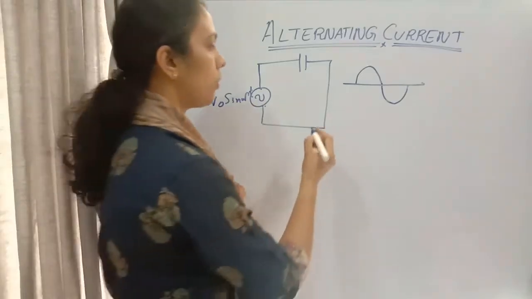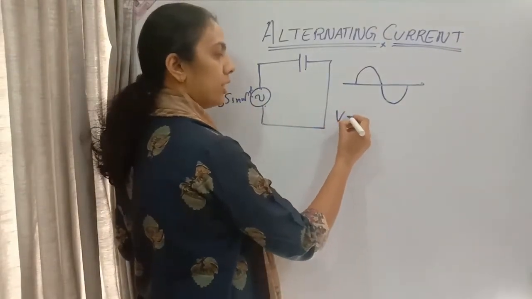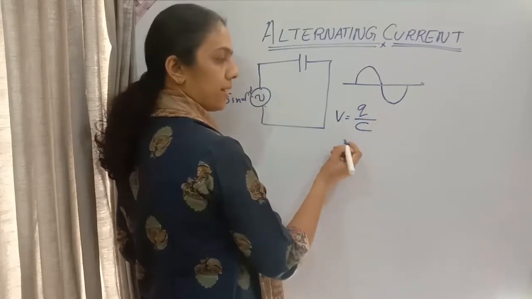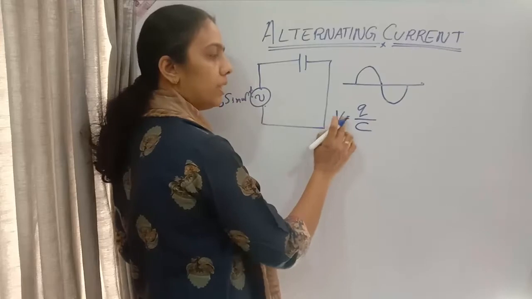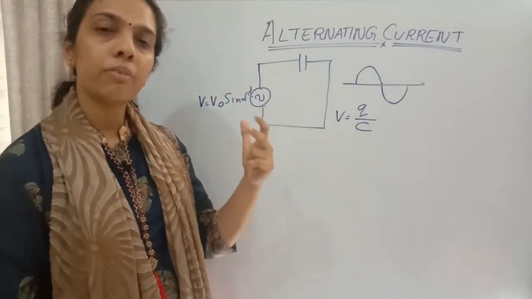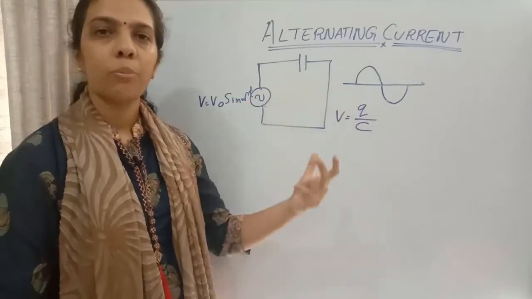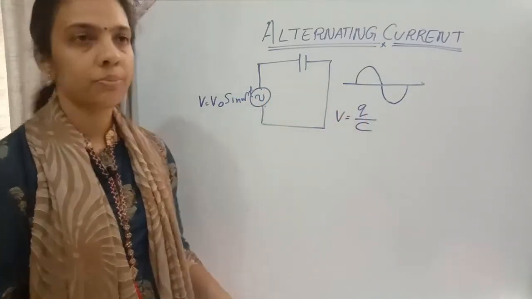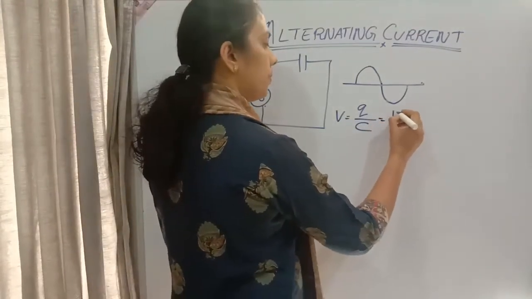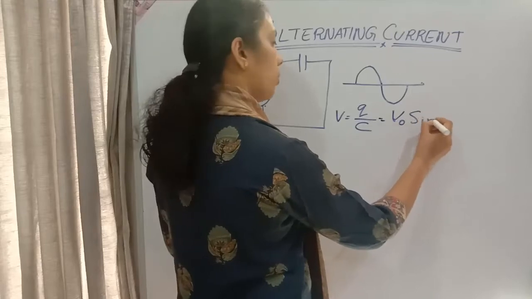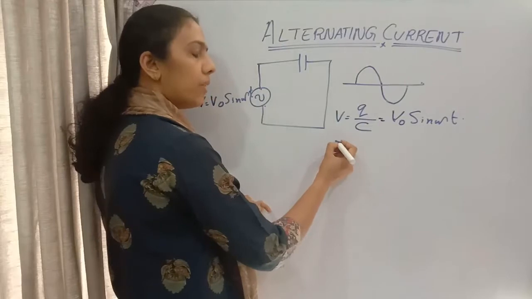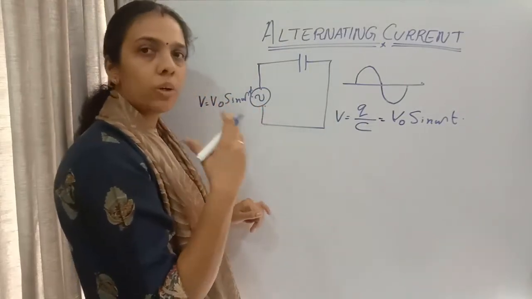Okay, so we know what will be the potential in the capacitor. Q is the charge on the capacitor and C is the capacitance of the capacitor. Then V equals Q by C. We know that at any instant the EMF given will be equal to the potential of this capacitor, so we can write that V0 sine omega t equals Q by C. Then our aim is to find out how the current will be varying.